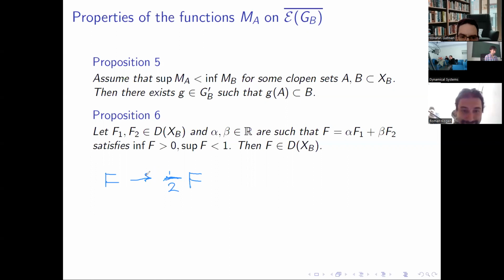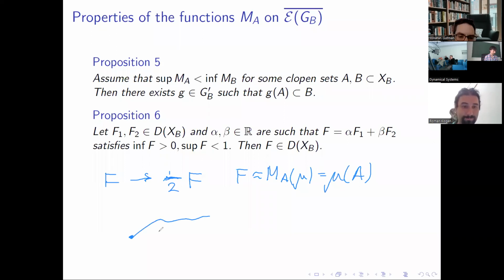So f can be approximated by these functions MA. We take A such that our function is sufficiently close to f. So we have some clopen set A. We take a large number n.